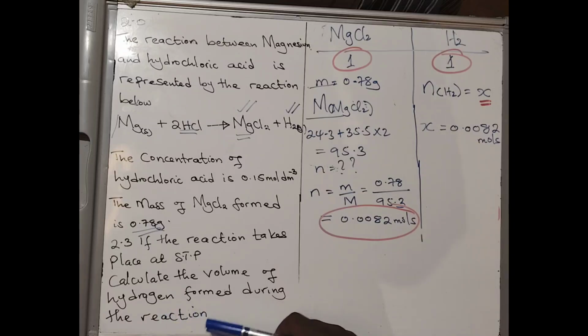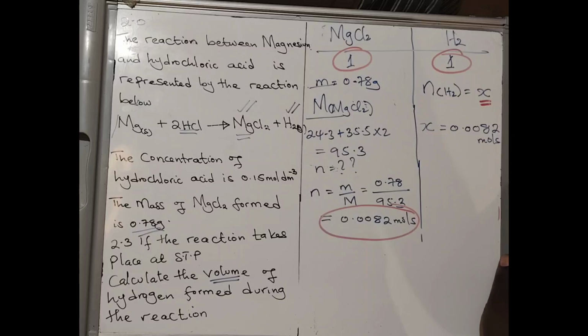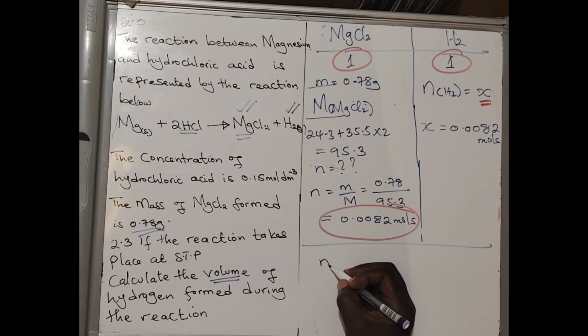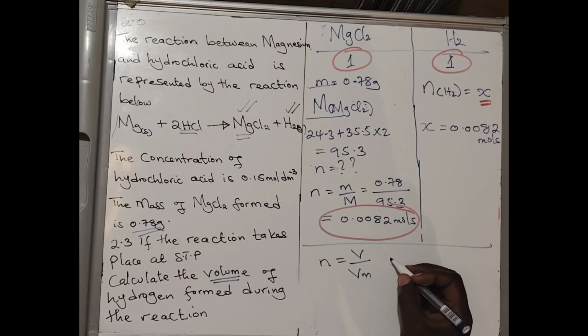But the question is looking for what? For the volume. So the question which comes now is, how do we convert the number of moles to volume? The equation is number of moles equals volume over molar volume.